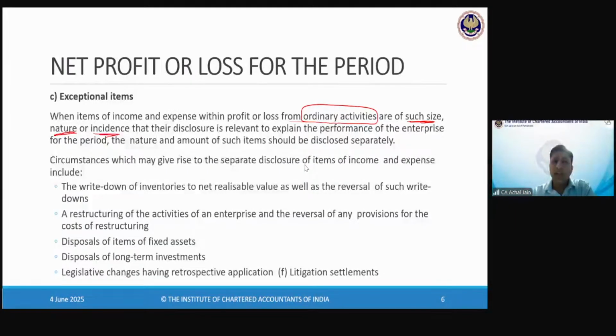What do you understand about prior period items? Over to you. What were those prior period items? What is the meaning of a prior period item?